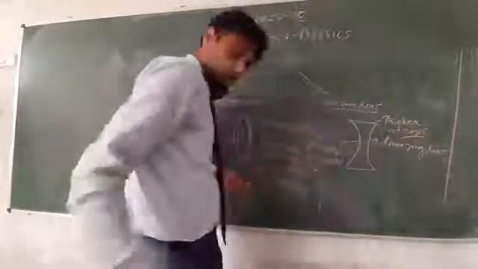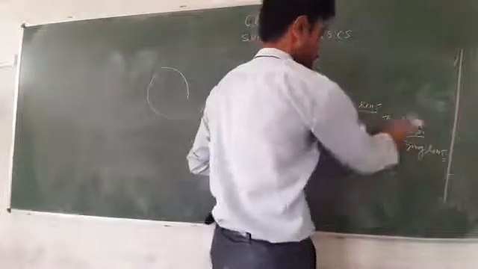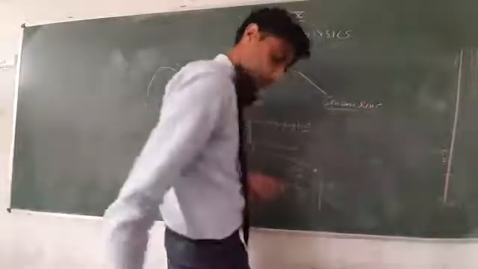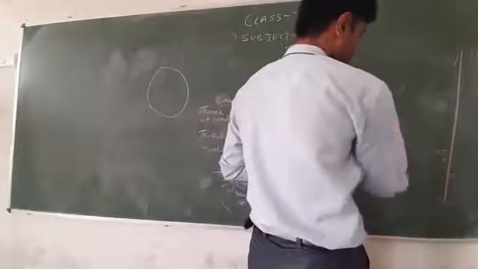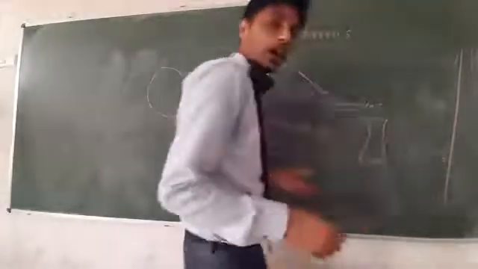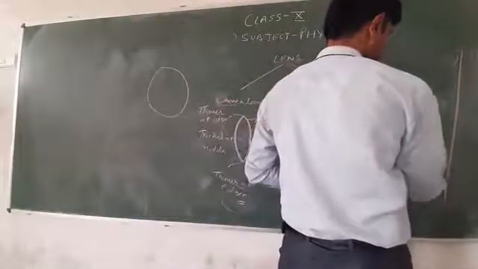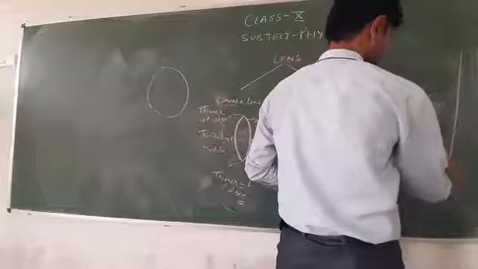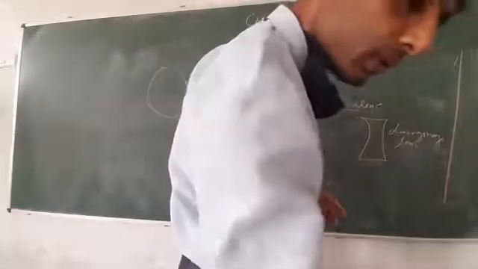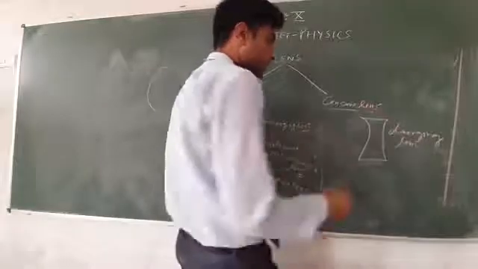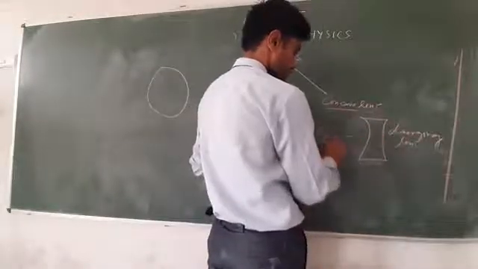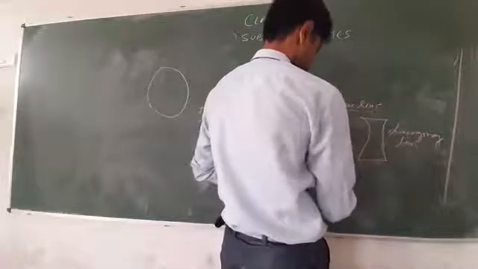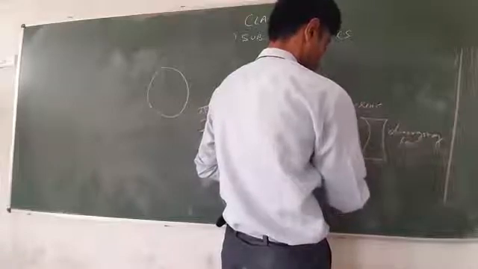In the case of a concave lens, it diverges the rays of light, so this is known as a diverging lens. If both sides curve, then this is known as a double concave or biconcave lens.